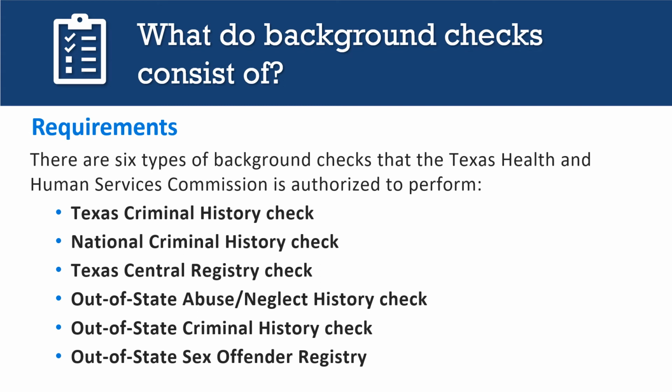The Out-of-State Abuse Neglect History Check, a search of another state's or territory's records of reported child abuse and neglect cases that identifies people who have been found to have abused or neglected a child. Out-of-State Criminal History Check, a search of another state's or territory's database of crimes committed in another state or territory and dispositions. And finally, the Out-of-State Sex Offender Registry, a search of another state or territory's sex offender registry.